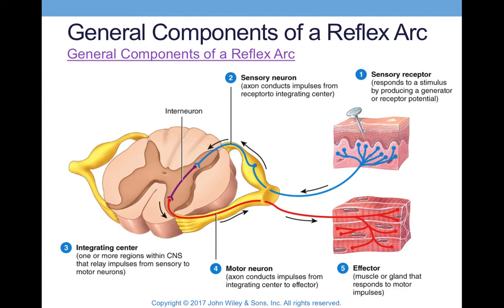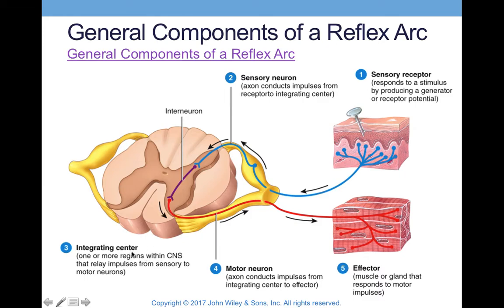If this generator potential reaches, of course, threshold, that will lead to depolarization and will trigger one or more impulses in the sensory neuron to propagate along the axon to axon terminals in the gray matter of the spinal cord or brainstem. Here, relay neurons, or the interneuron, will send nerve impulses to an area of the brain that will allow conscious awareness that a reflex has occurred.